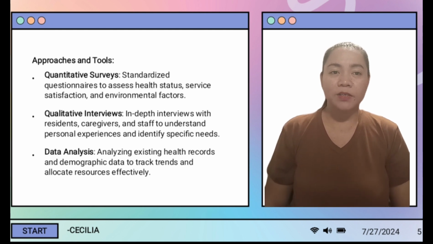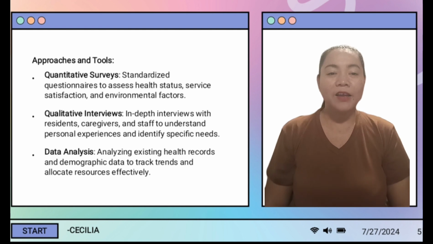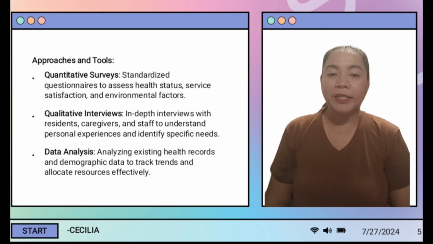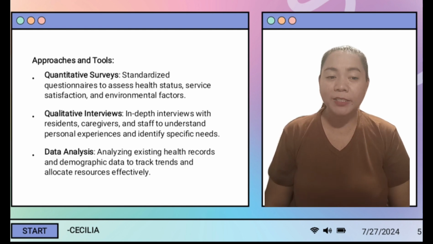In the quantitative survey, we use standardized questionnaires to assess health status, service satisfaction, and environmental factors.